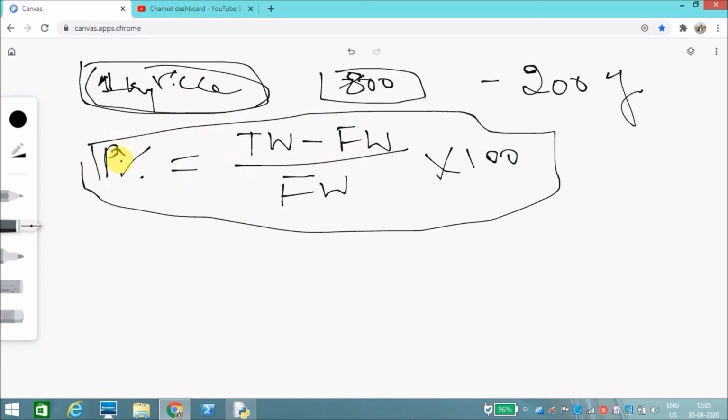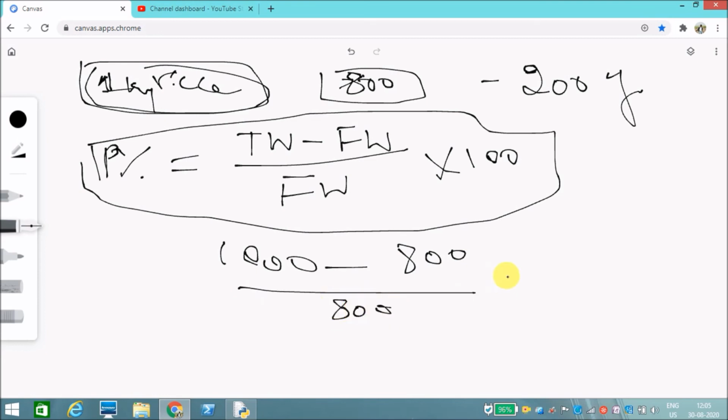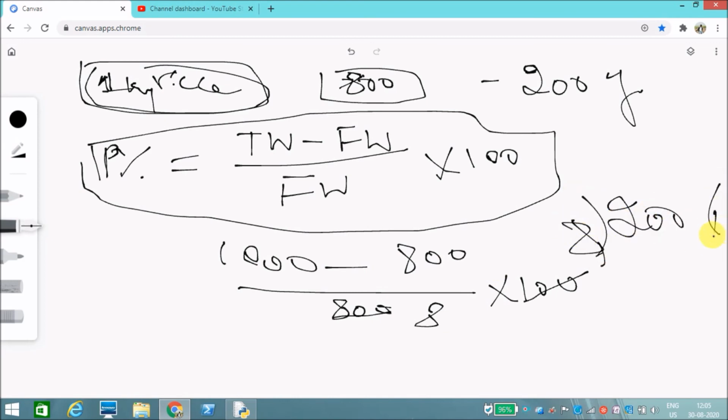Total weight, for example 1 kg means 1000 grams, minus fault weight 800 grams, divided by 800 grams into 100. 200 divided by 8, 8 twos are 16, 8 fives are 40.